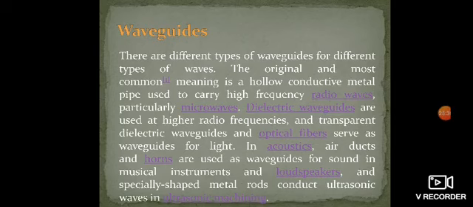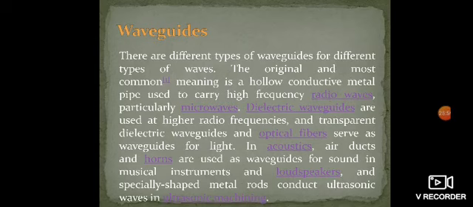In acoustics, that is for air, horns are used as waveguides for sound in musical instruments and loudspeakers. And specially shaped metal rods conduct ultrasonic waves in ultrasonic machining.